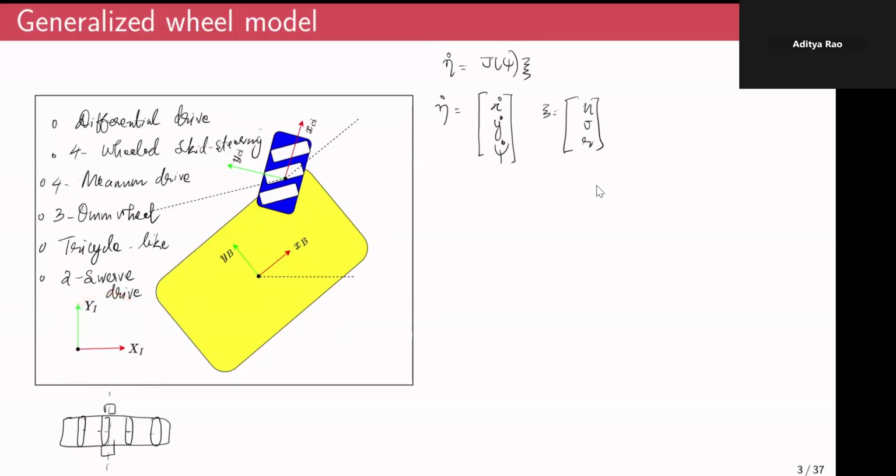Because as an observer, we would be located on the ground. We have nothing to do with this body fixed frame, because our frame of reference will always be with respect to this inertial frame of reference. And in order for us to observe the robot, or to intuitively visualize what the robot is basically doing, we need to have this sort of a mapping.